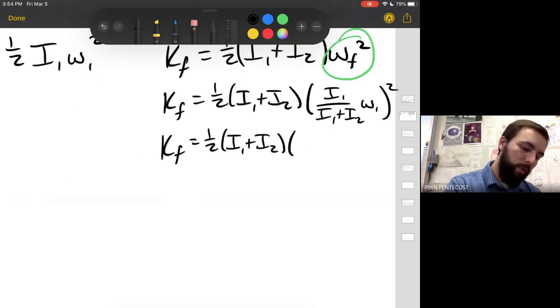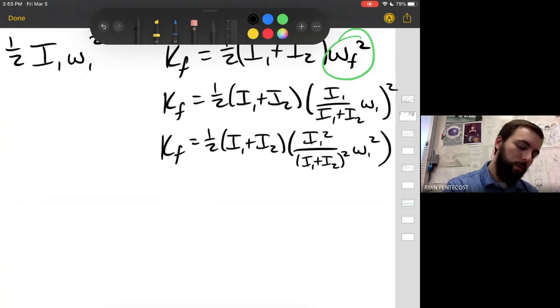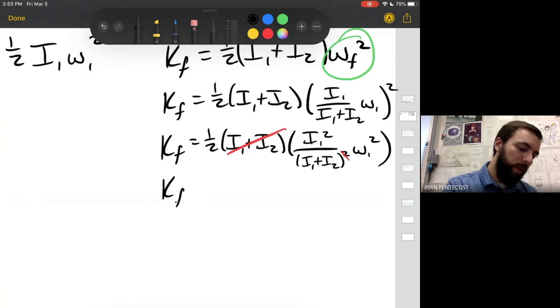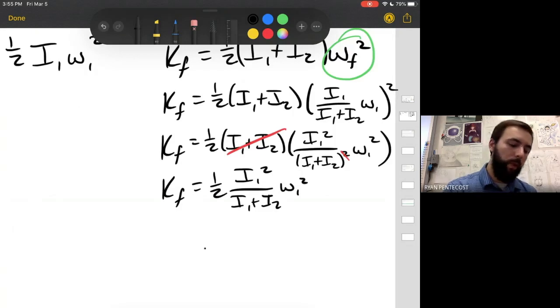Now let's square everything. You've got I1 squared over the sum squared, times omega 1 squared. Now we can see that these can cancel once, so that simplifies a little bit. We are still left with K final equals 1/2 I1 squared divided by the sum, times omega 1 squared.